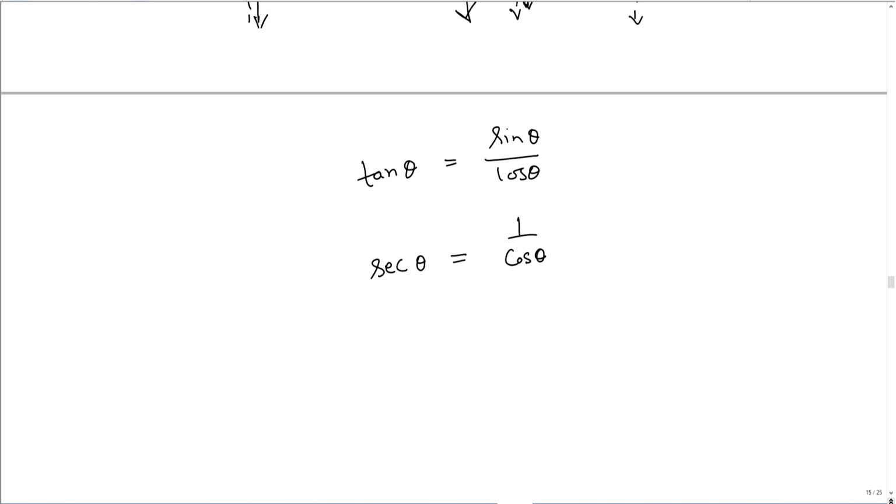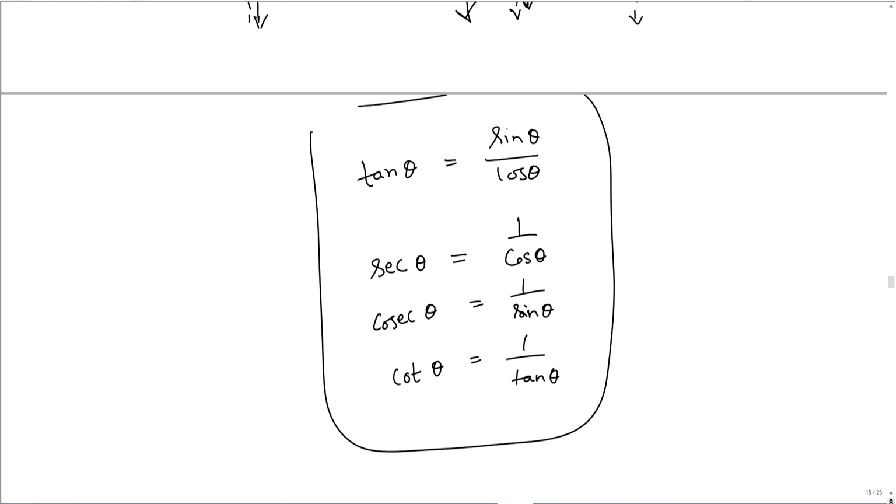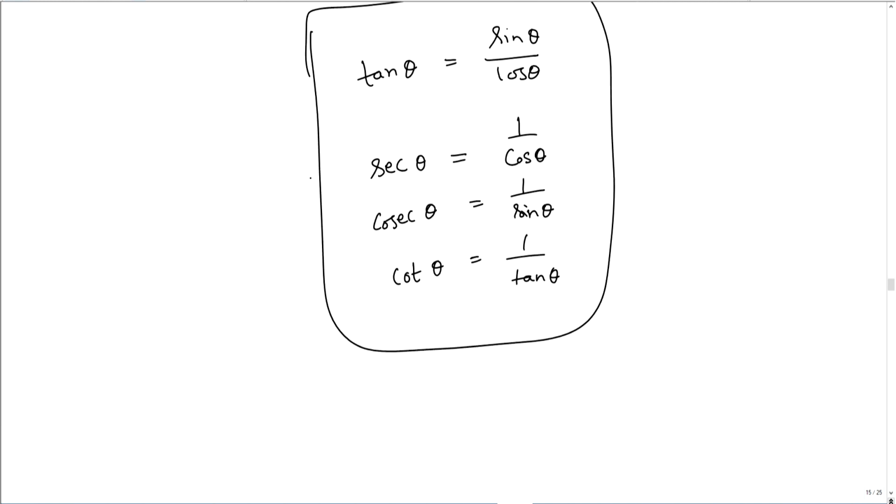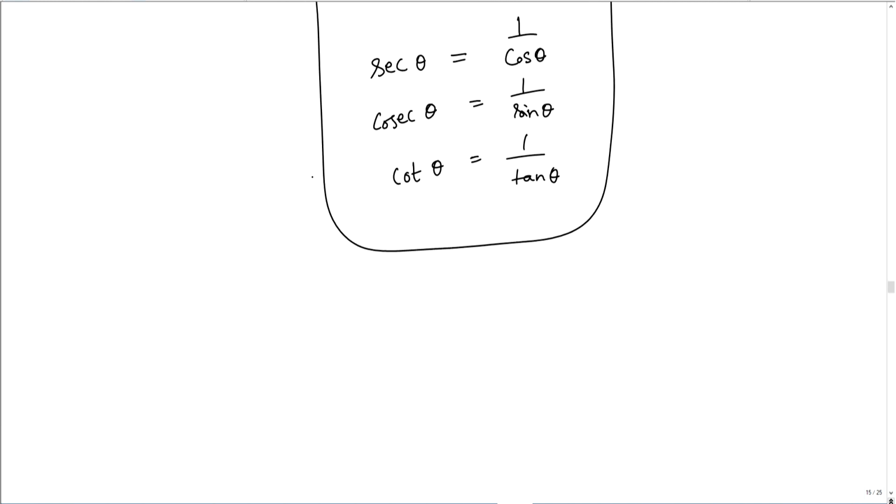And cosec theta is 1 divided by sine theta. And then you have cot theta, which is 1 divided by tan theta. So these are other trigonometric functions. This completes all the trigonometric functions that we use most commonly.